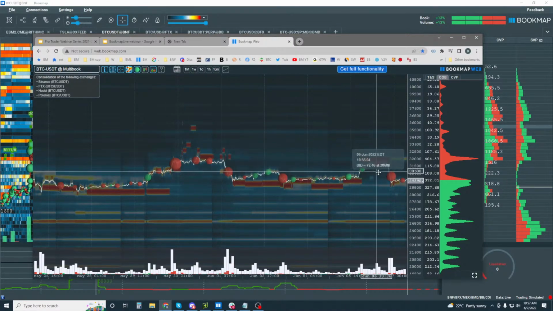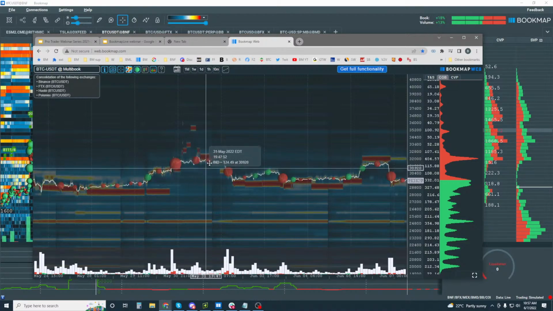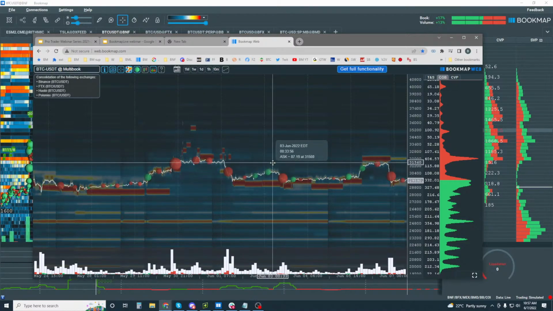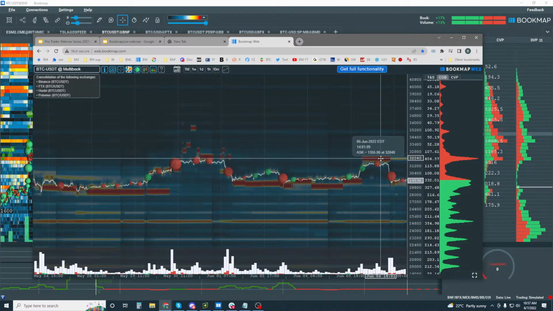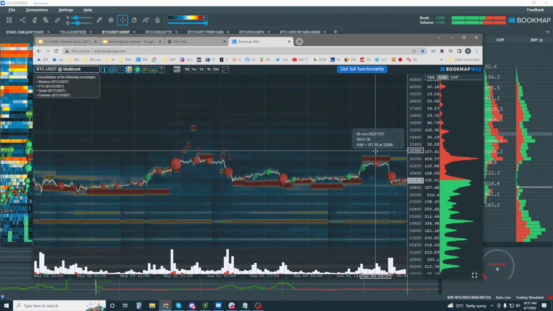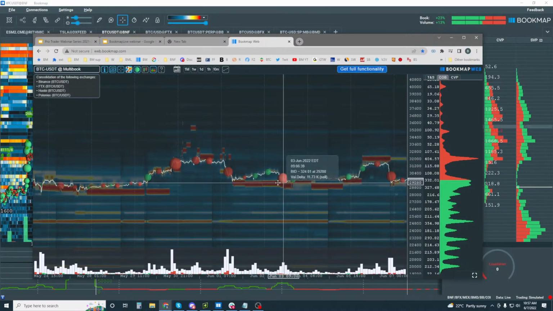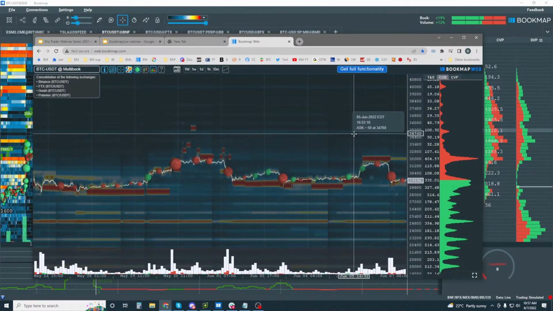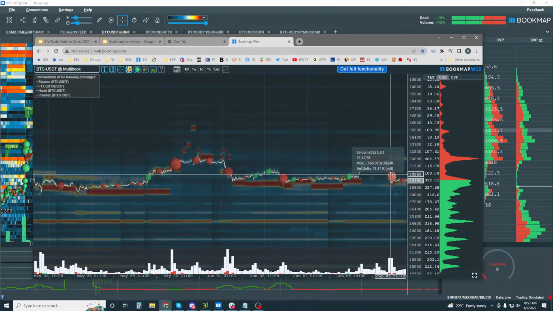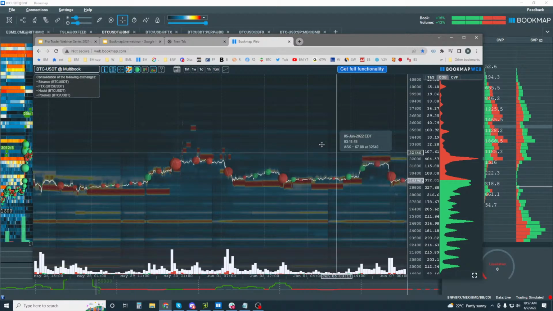We're looking at the market structure, the price action back and forth, the volume within it, and the heat map within it as well. You can clearly see on the heat map that no one wanted to tangle at 32,000, and the market veered away from it and found more sellers down here.